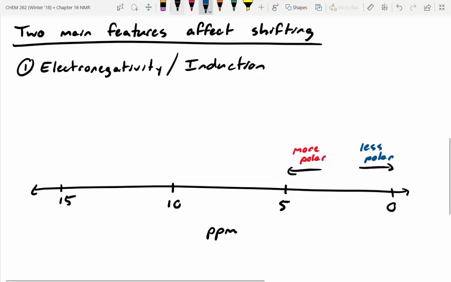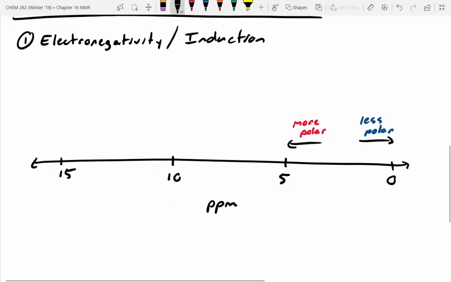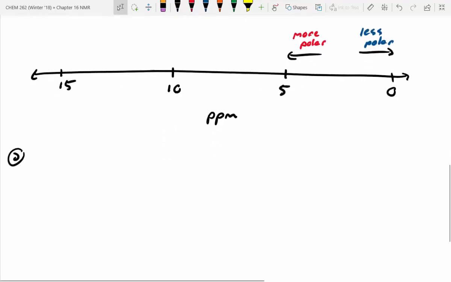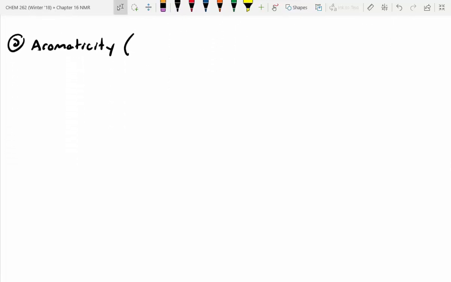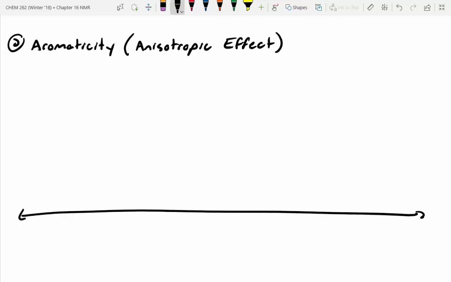All right, the second one gets a little bit funky. This is due to aromaticity. And the fancy name for this is the anisotropic effect. And again, the really dumbed down simplistic view of this is, we've got this range from about 0 to 15 ppm, and I'll fill it in.